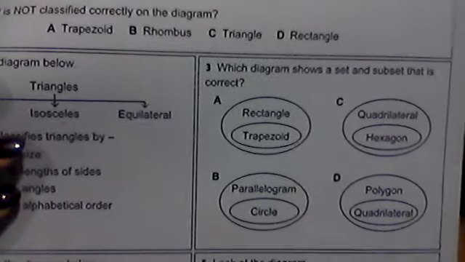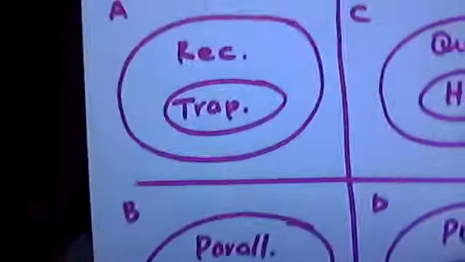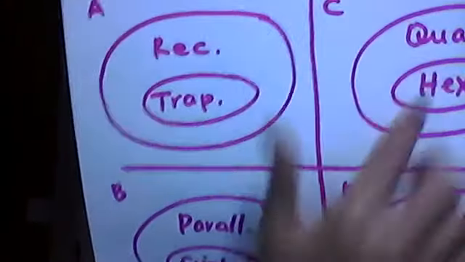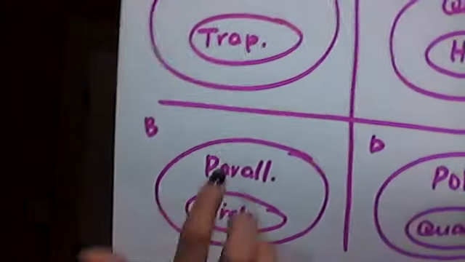It's like you're sorting them into smaller groups. So what I've done is I wrote the same thing a little bigger on here, and I just abbreviated. So this is rectangle, trapezoid, quadrilateral, hexagon, polygon, quadrilateral, parallelogram, and circle.